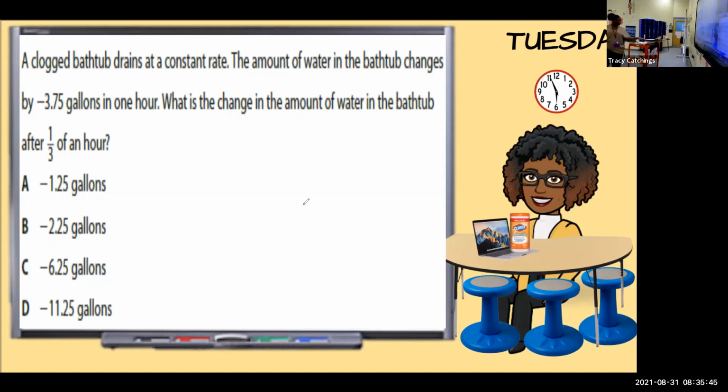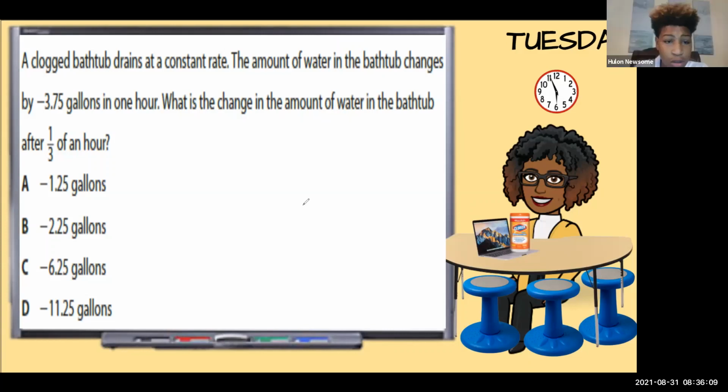All right, it says, a clogged bathtub drains at a constant rate. The amount of water in the bathtub changes by negative 3.75 gallons in 1 hour. What is the change in the amount of water in the bathtub after 1/3 of an hour? Would you say multiplication or would you say division?